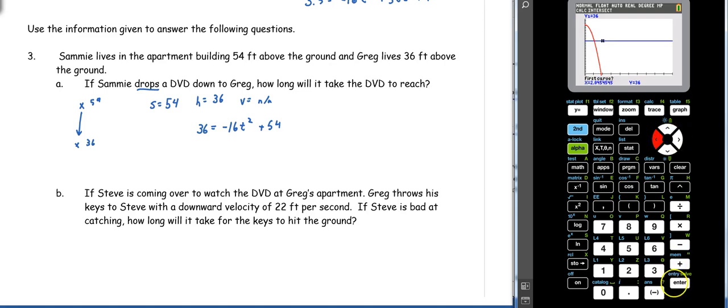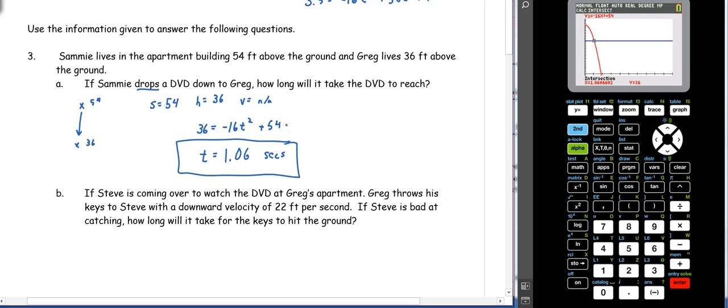Now that we're probably close enough, we're going to enter 3 times. And we get our intersection at x equals 1.06. So we're going to say t here. So t equals 1.06 seconds. That's how long it'll take the DVD to drop.